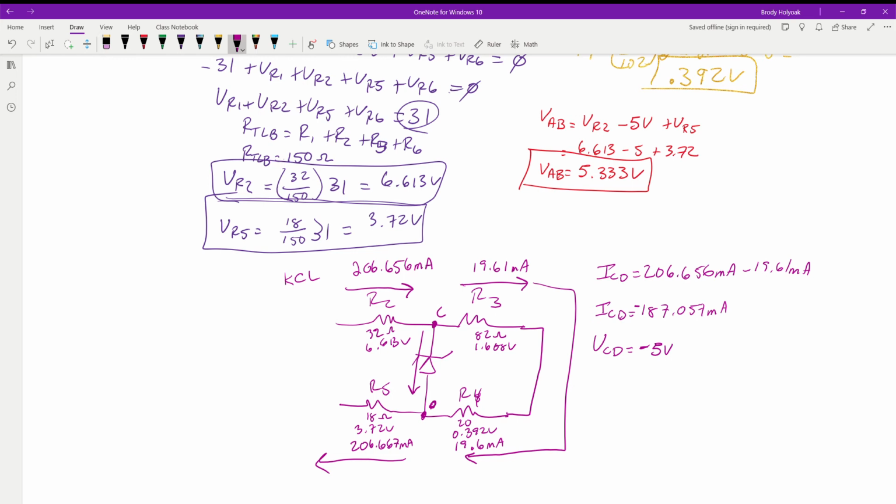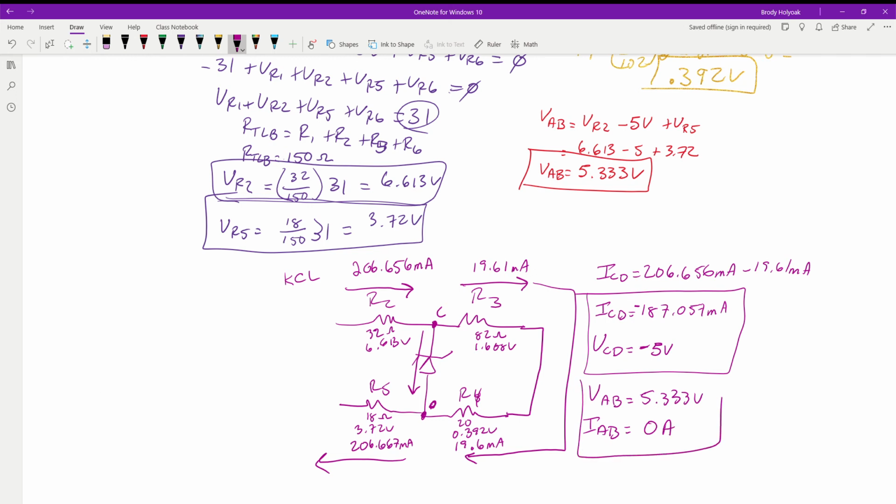So there is our current through C to D, and our voltage through C to D. The voltage from A to B was 5.333 volts, and the current from A to B was 0 amps. And we have our final values.